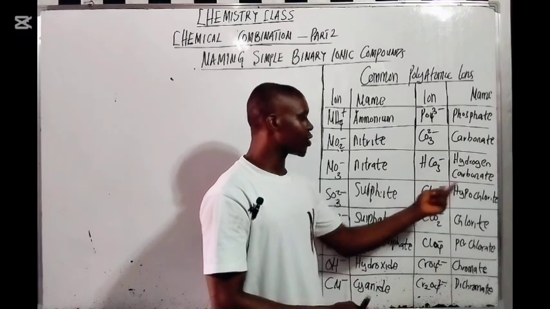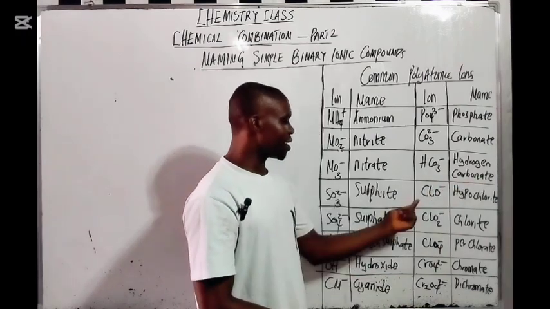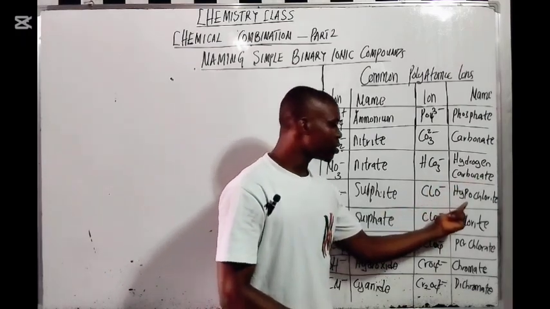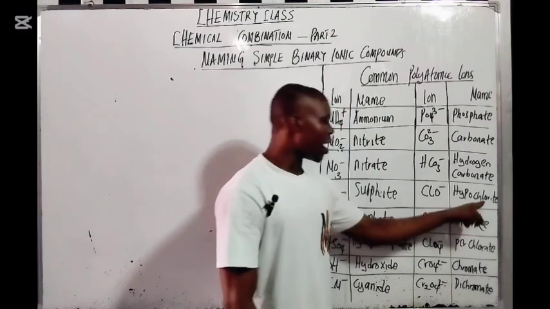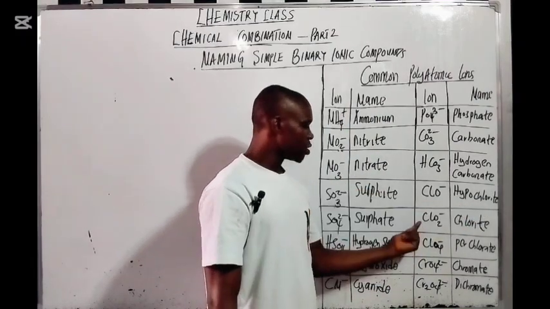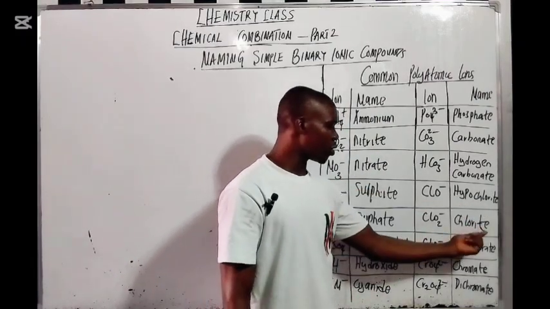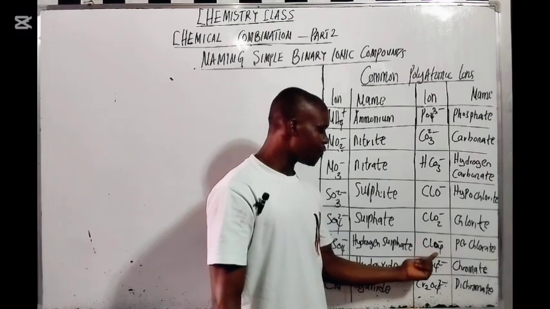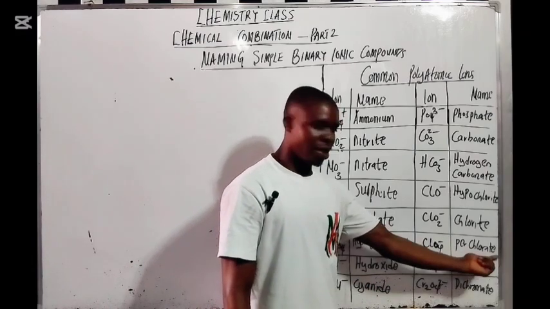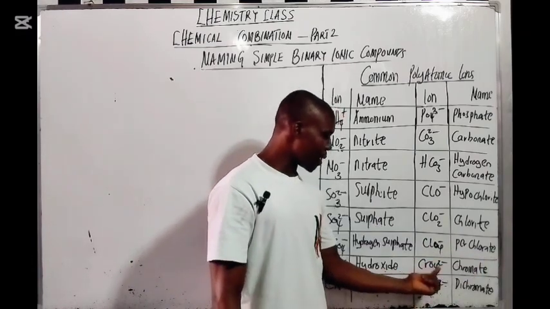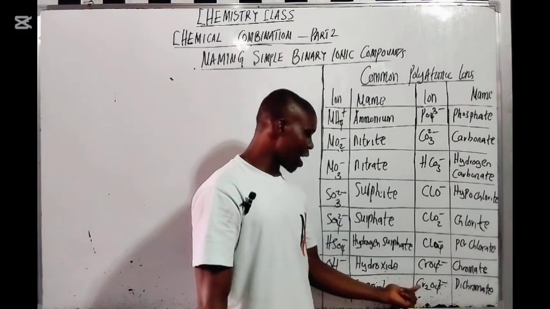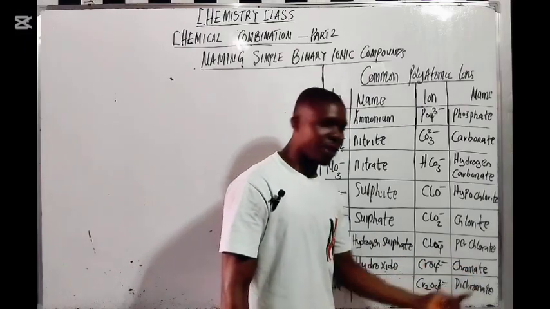HCO3- called hydrogen carbonate. ClO- called hypochlorite. ClO2- called chlorite. ClO4- called perchlorate. CrO4 2- called chromate. Cr2O7 2- called dichromate.